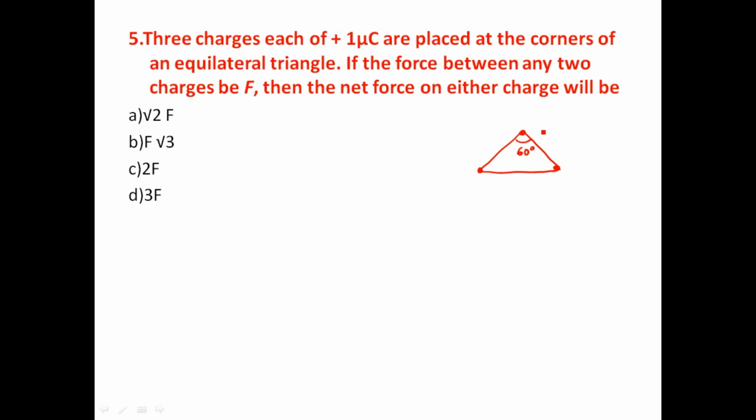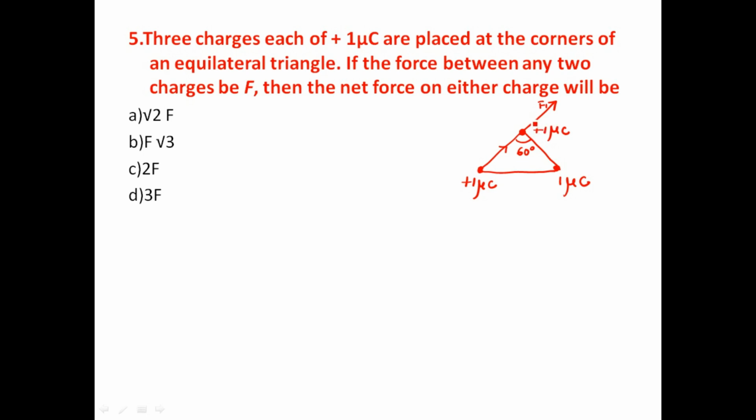And the charges are present here. 1 microcoulomb, plus 1 microcoulomb and 1 microcoulomb. So there will be two forces. The force between this 1 microcoulomb and 1 microcoulomb will be repulsive. Let us say the force of repulsion, here it is F, I'll write it as F1.